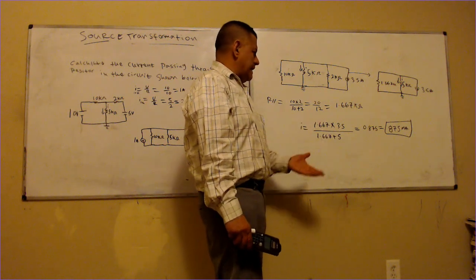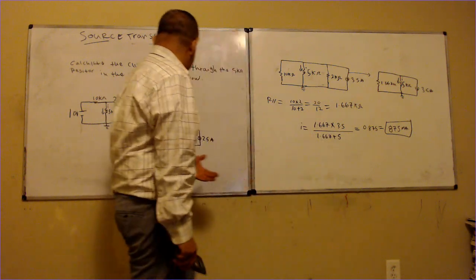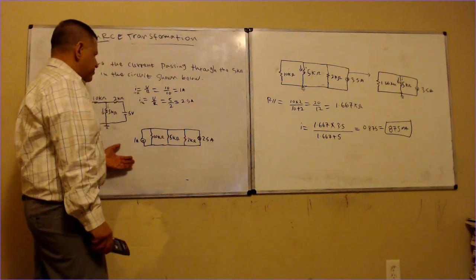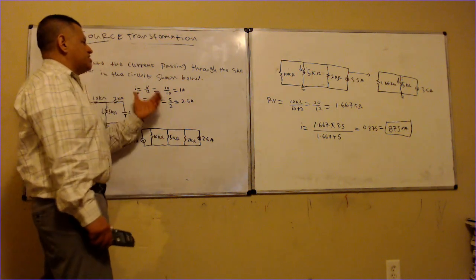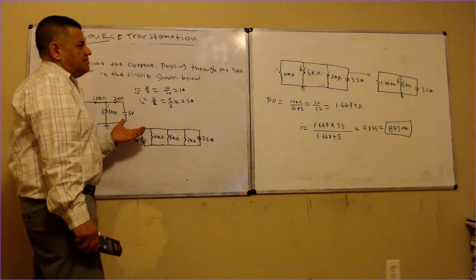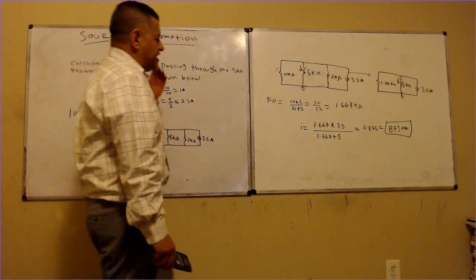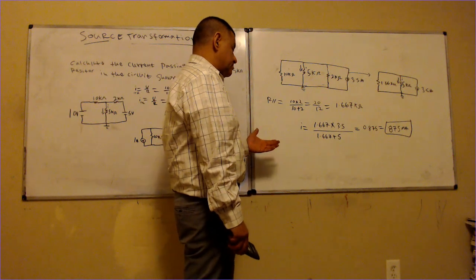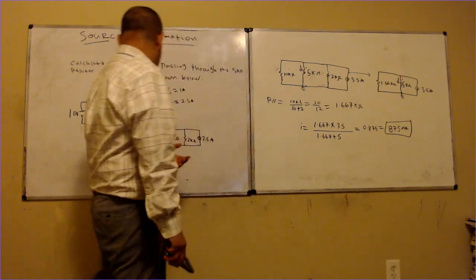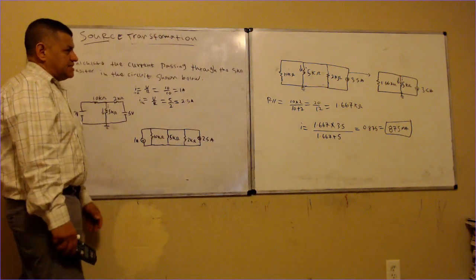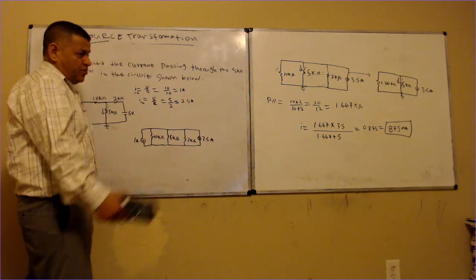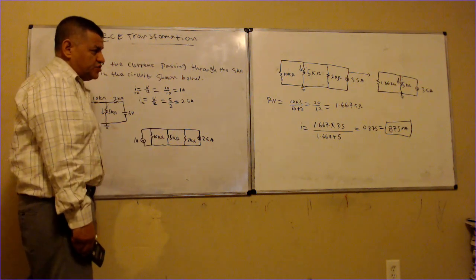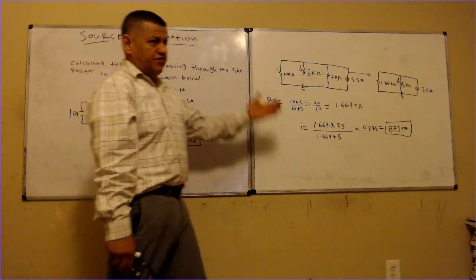Any of those methods you could use. Source transformation seems easier because you don't have to set up the equations. But again, I guess it depends on the teacher and what method you want. Do you think it's easy for you to solve these problems? But that is the answer for this problem.